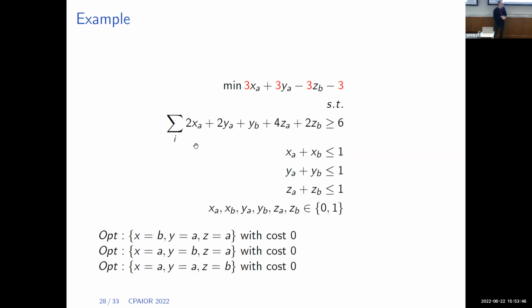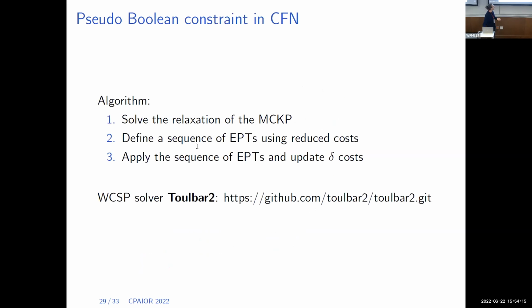Indeed, I can find one optimal solution with a cost 0 for every value of every variable, which was a property that I wanted to verify before. I said that for every cost function and every value, I want to have one tuple that has a cost equal to 0. So this gives us a hint that the sequence of EPTs that we applied was good and that it is a working algorithm.